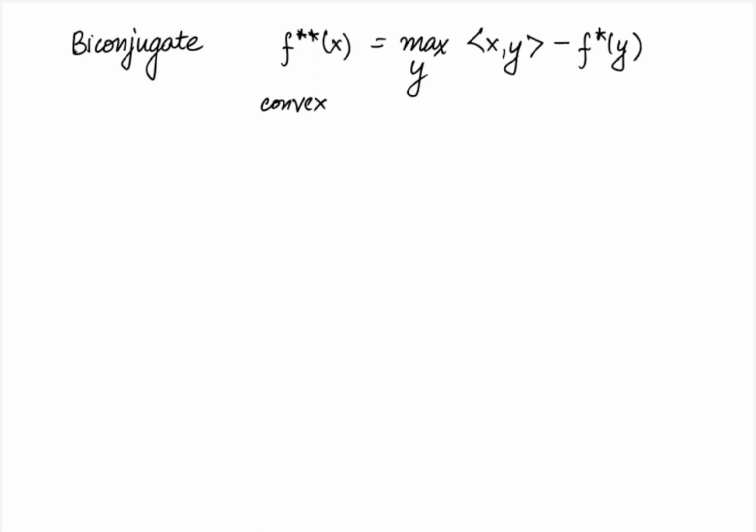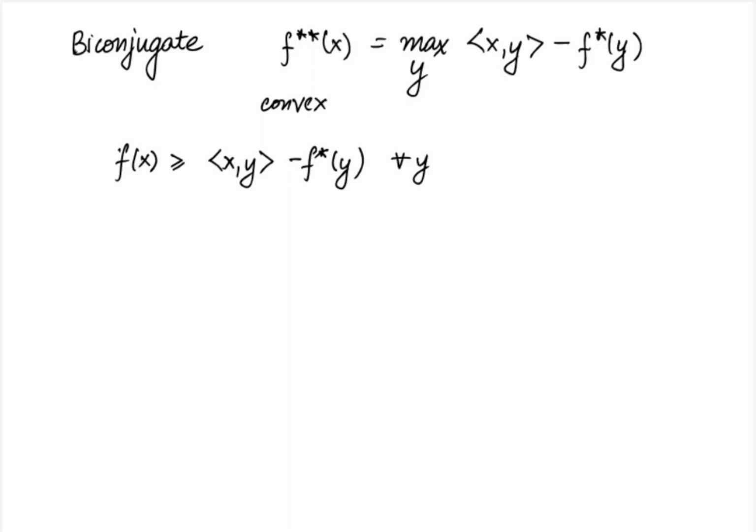To get this relationship, let us again go back to the Fenchel inequality. Recalling the inequality we saw on the previous page, f of x is greater than or equal to inner product of x comma y minus f star of y, which holds for all y, while observe that the left hand side does not depend on y.